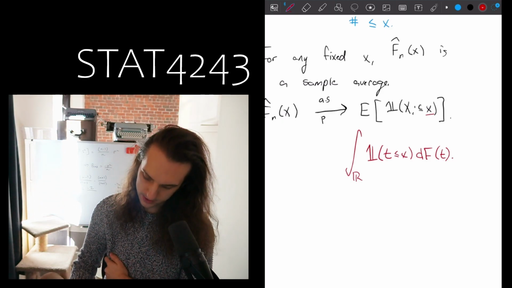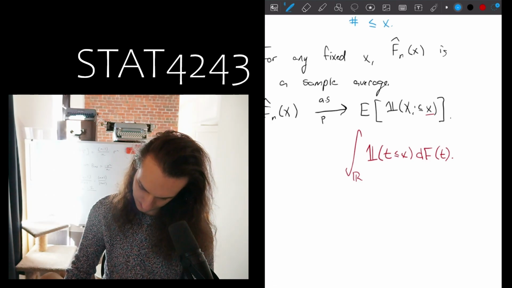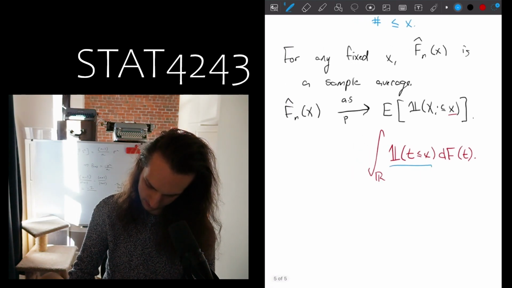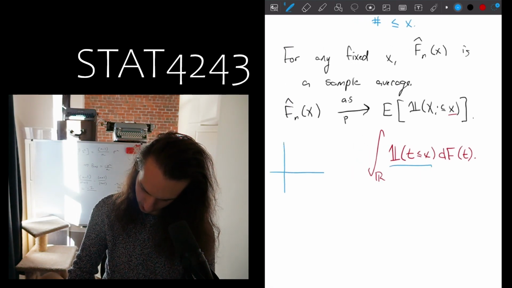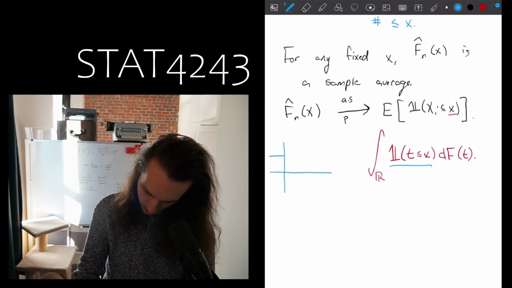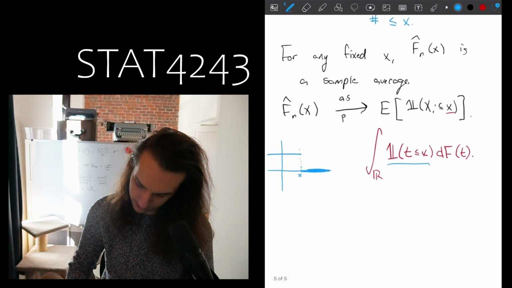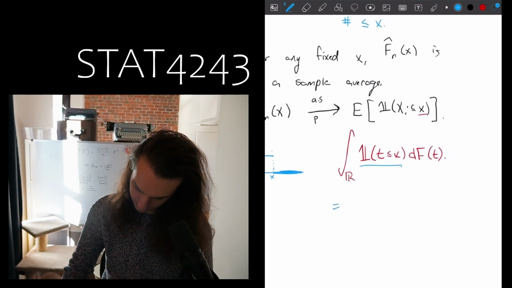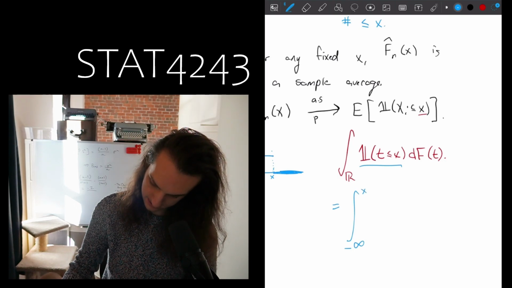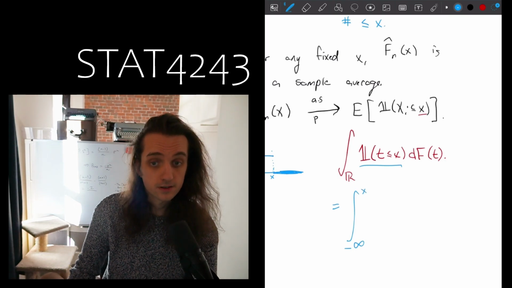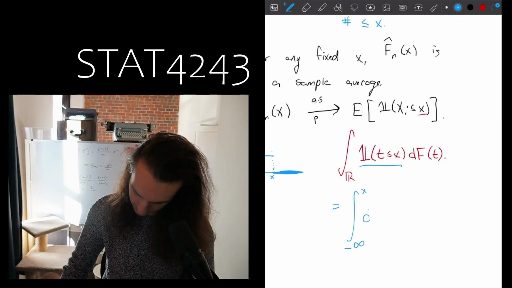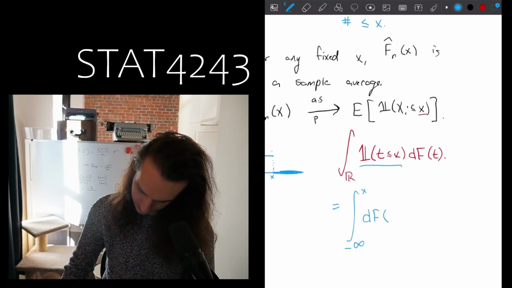Now, if you think about what's happening with this function right here, if we graph this out, this function is going to be at a value of 1 up until whatever value we have as x, and then it's going to be 0 for the rest of time. And so we can rewrite this as the integral from negative infinity to x, and then this whole function is taken care of, and so then we can just write that as dF of t.